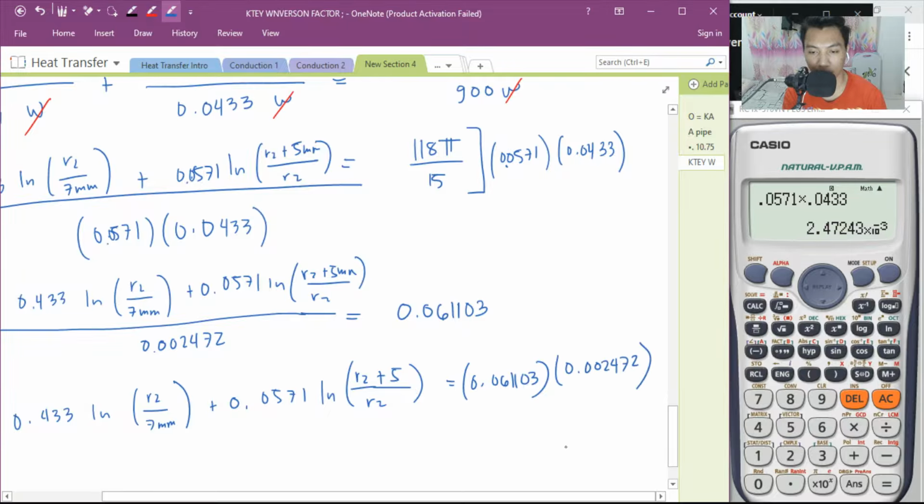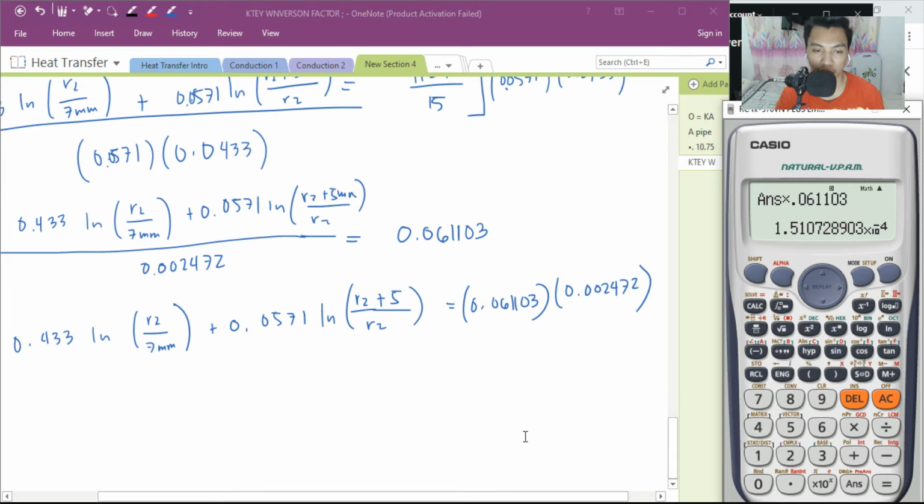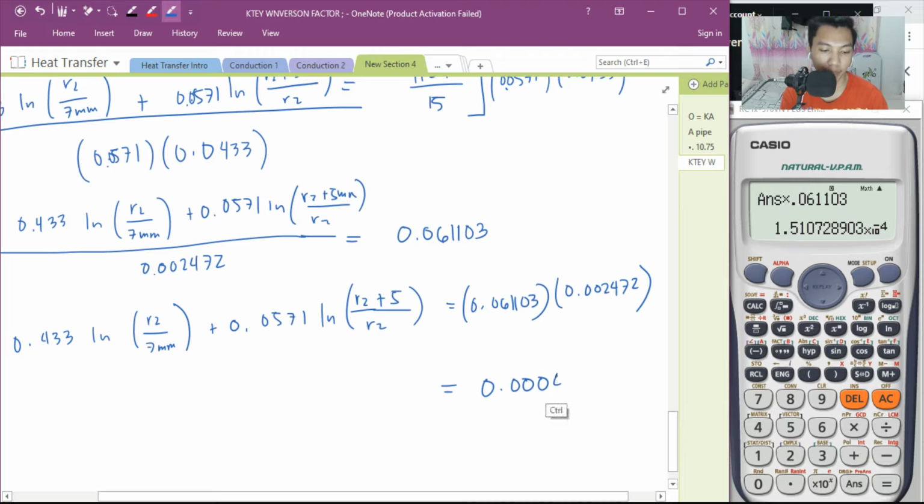0.002472 times 0.061103. The answer is, ayan, lalo lumiit. Pwede na yan. 0.12315107. Tapos ito, paano ko na isi-simplify yan?